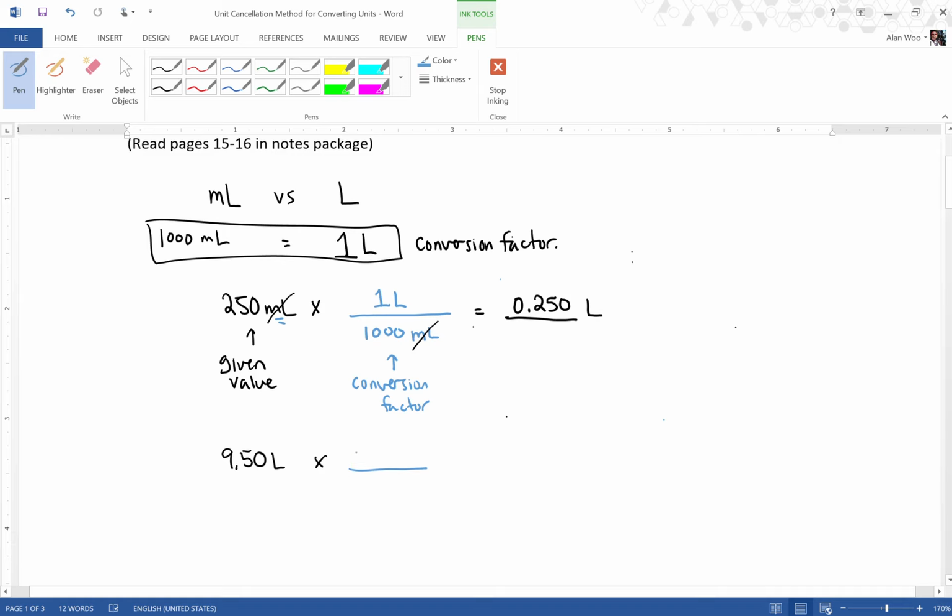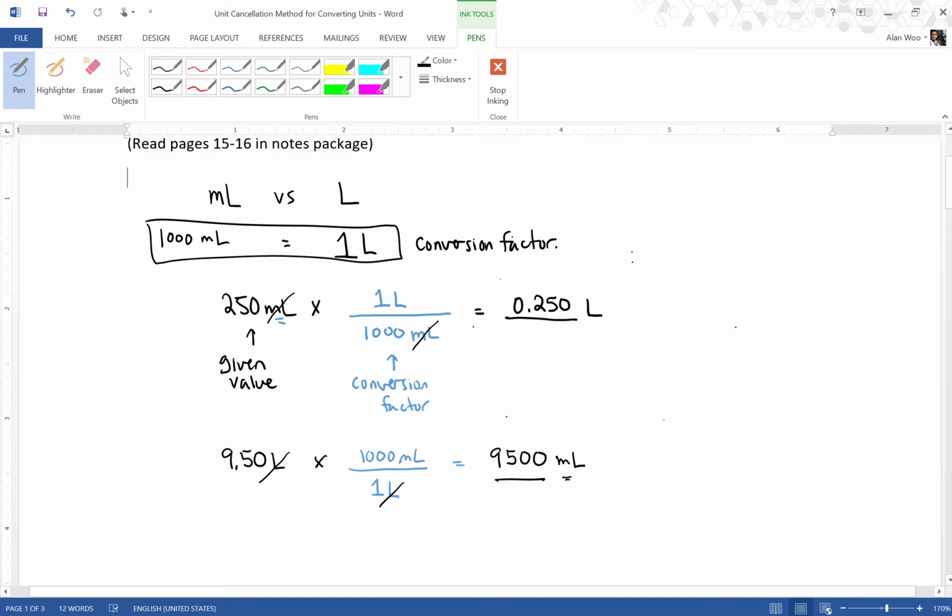Instead of 1 liter at the top, I have to put 1 liter at the bottom, because I want to be able to cancel out the units of liters. So 1 liter is 1,000 milliliters. With this setup, I'm taking 9.50 liters multiplied by 1,000, and that comes out to be 9,500 milliliters, because the liters will cancel out and the only unit that you have left is milliliters.